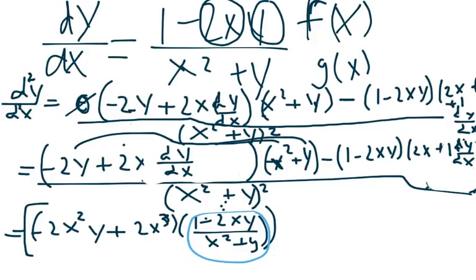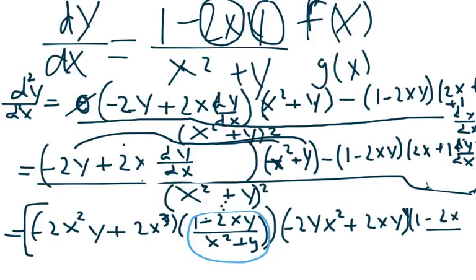So you get negative 2y x squared plus 2xy, 1 minus parenthesis 1 minus 2xy over x squared plus y, and x squared plus y.